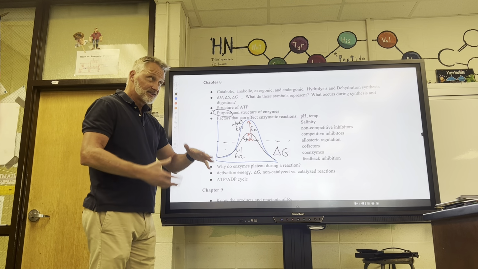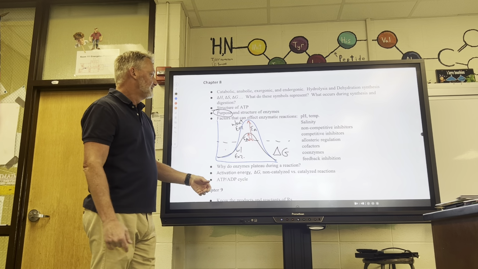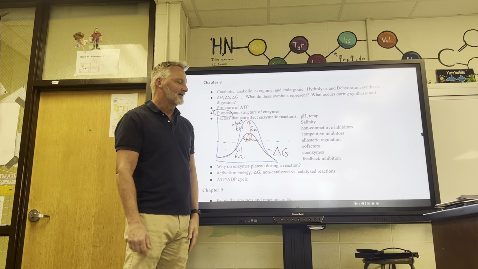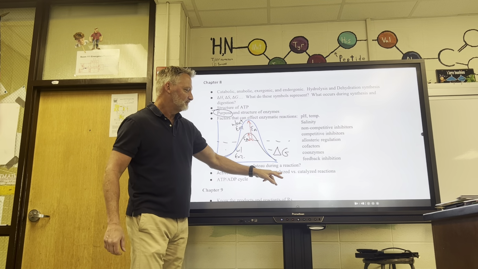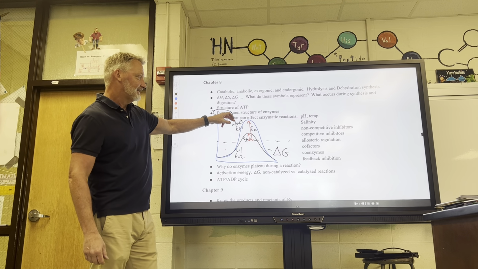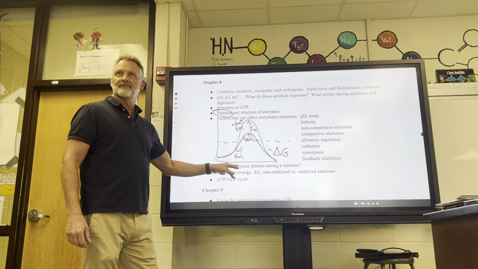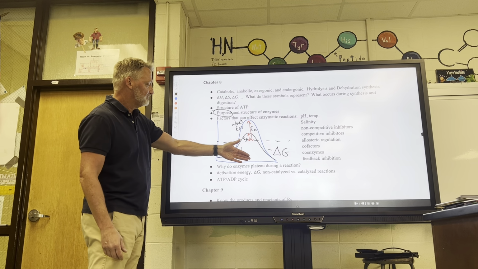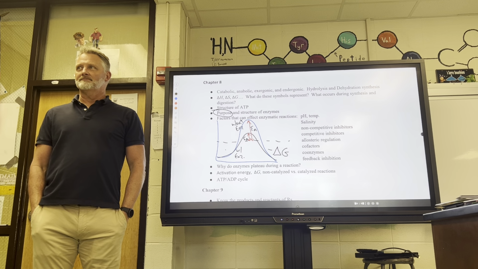You don't change the delta G, you just get to it faster. By the way, positive or negative? Negative. So that's delta G. Non-catalyzed basically means without an enzyme. Catalyzed means with the enzyme, because an enzyme's a catalyst. Got the diagram? Pretty easy?